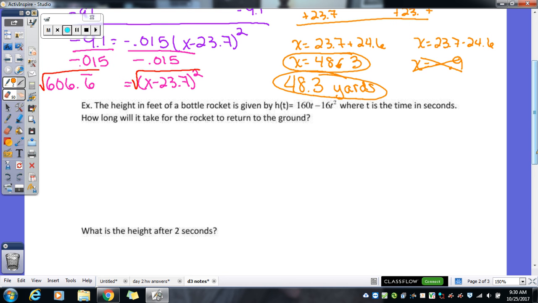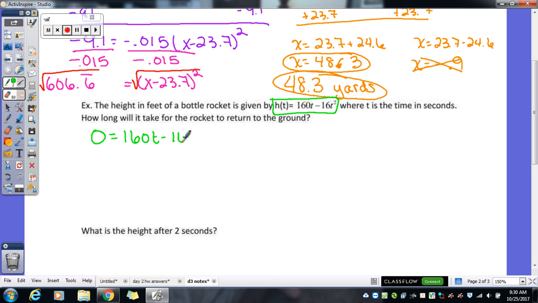Okay, next one. We got the height in feet of a bottle rocket is given by this equation here, where t is the time in seconds. How long will it take for the rocket to return to the ground? So again, if it's coming back to the ground, we're looking for a height of what? 0.